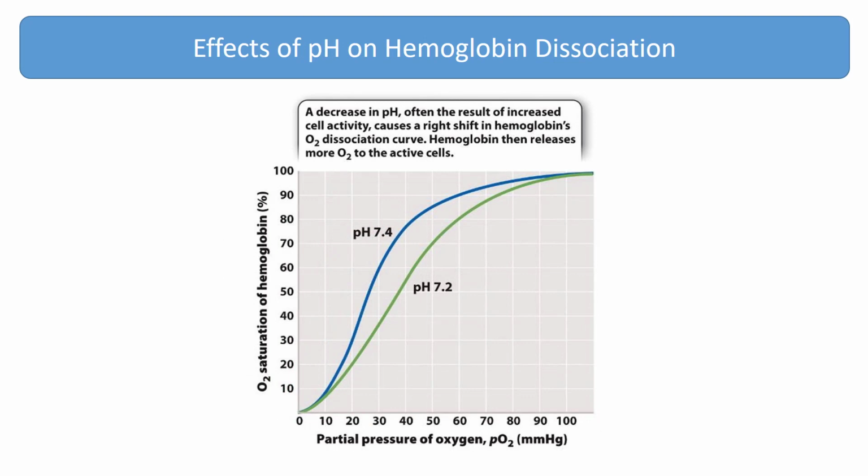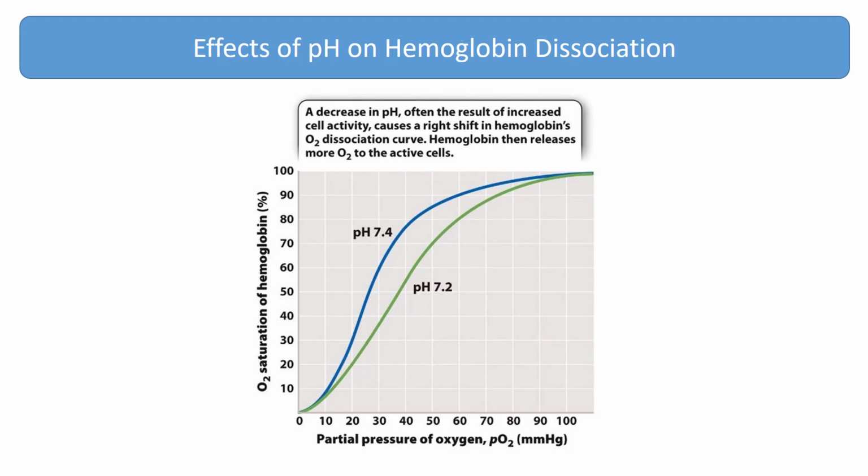Tissue and blood pH have an important effect on the O2 affinity of hemoglobin as well. When pH falls during exercise, that is, when the concentration of hydrogen ions increases, the affinity of hemoglobin for oxygen decreases, resulting in a rightward shift in the oxygen dissociation curve. This phenomenon is called the Bohr effect after Christian Bohr, the Danish physicist who first described it in 1904.